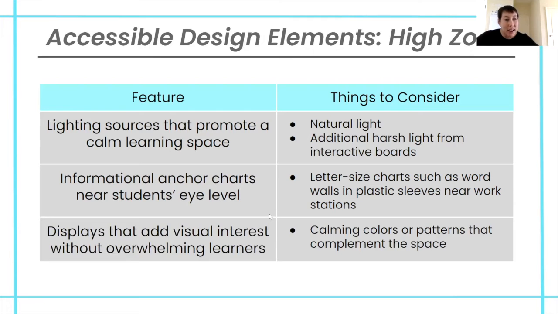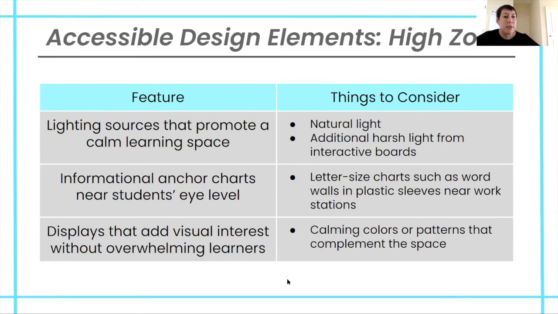And last in the high zone, we want to add displays for visual interest that aren't overwhelming. So consider choosing colors and patterns that are fun but are not overwhelming the space. I know as teachers, we take a lot of time and energy to design the perfect classroom. I try to use colors that are already in the classroom.